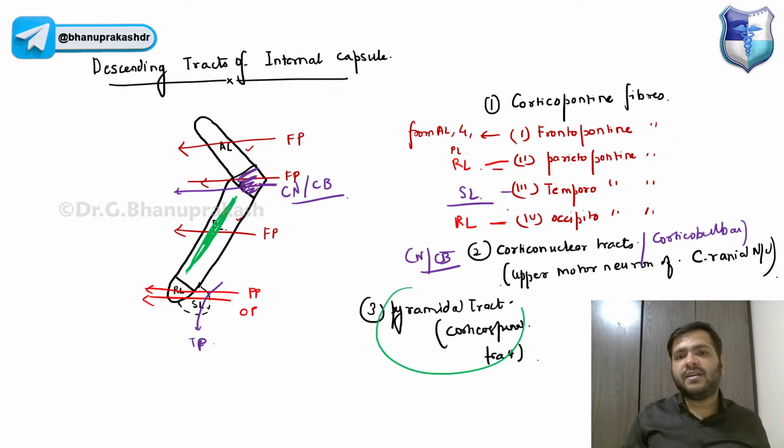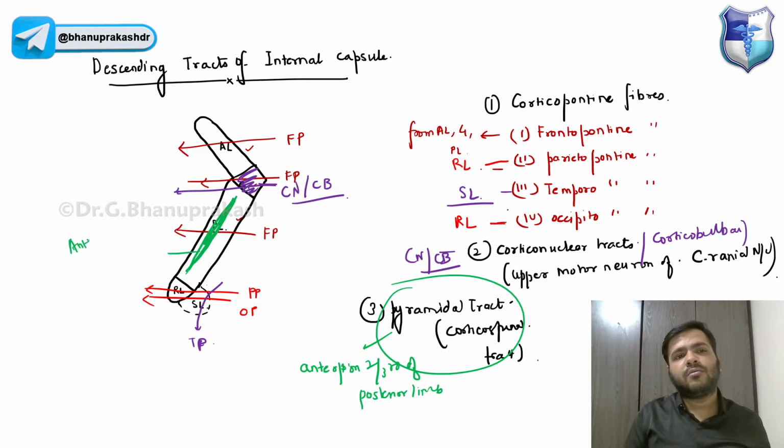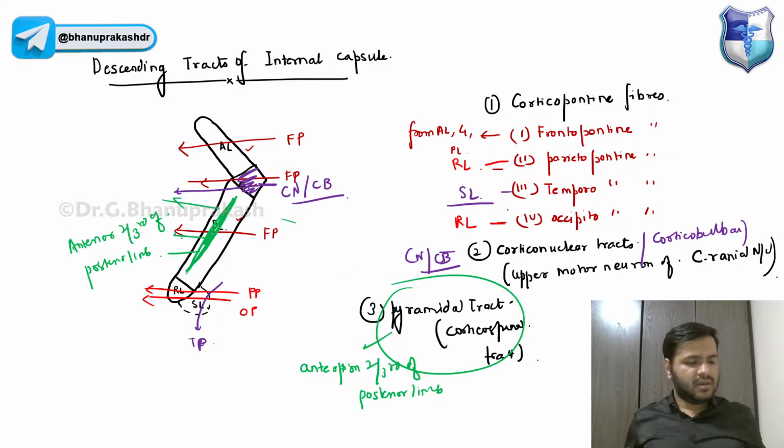So this pyramidal tract or the corticospinal tract is passing through the anterior two-third of the posterior limb. These pyramidal tracts, right? So that is about the internal capsule.